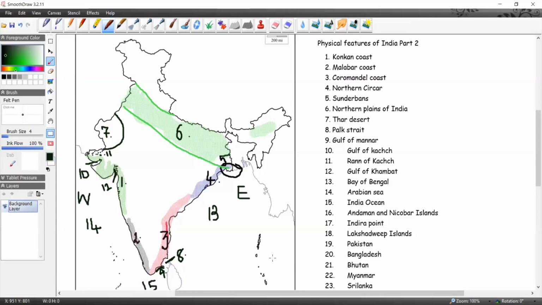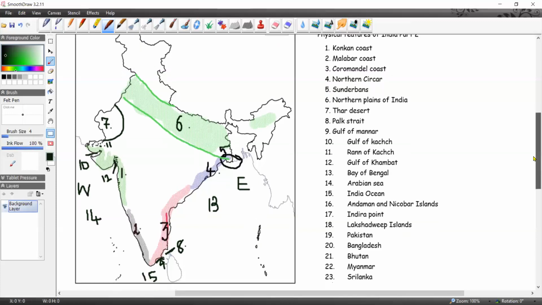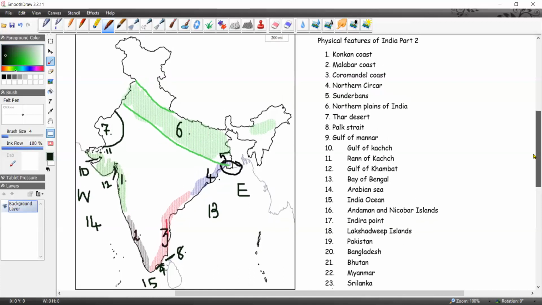16th one, Andaman Nicobar Islands. And this is Andaman and Nicobar Islands are in Bay of Bengal. And it has the only active volcano of India, Barren Island. This is question number 16.